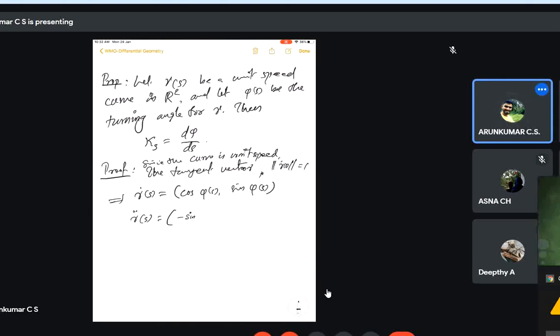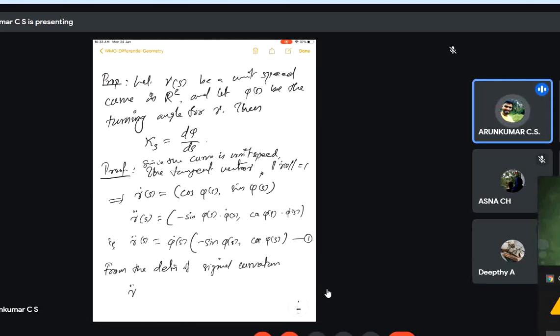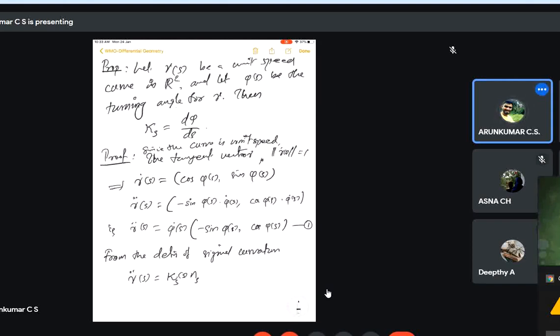But we know gamma double dot s is equal to kappa of s into Ns, right? Correct? Or Ns at the point s.